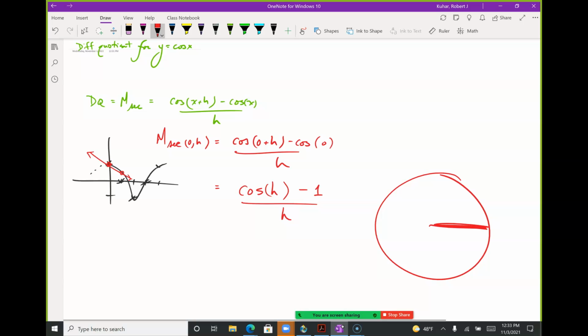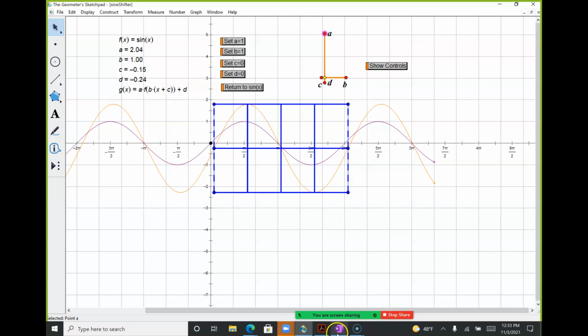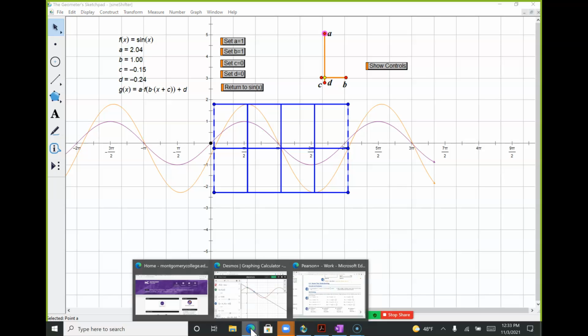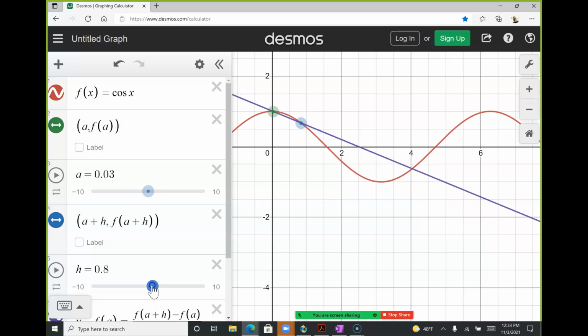So this is a pretty important function for calculus. And if you can take a look at my Desmos here, what is going to happen as h goes to 0? Where's my secant line?